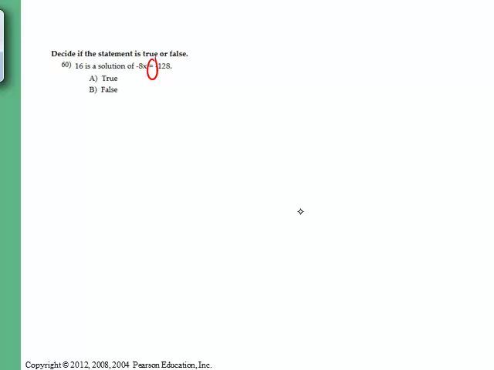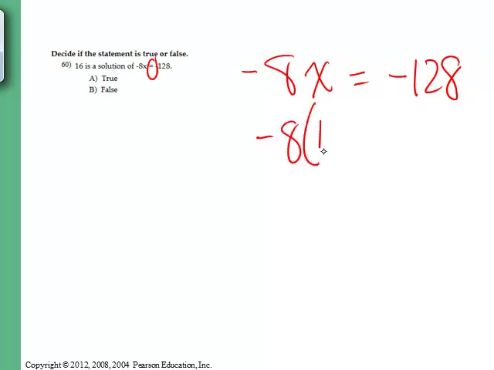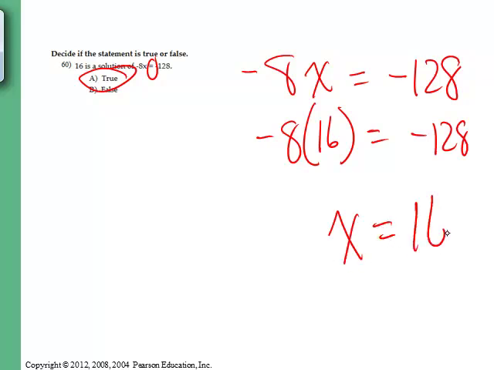Notice it's got an equal sign. Negative 8x equals negative 128. Does 16 make that true? In other words, if we take negative 8 times 16, do we get negative 128? Sure, you do. And so 16 is the solution, or we would write x equals 16.